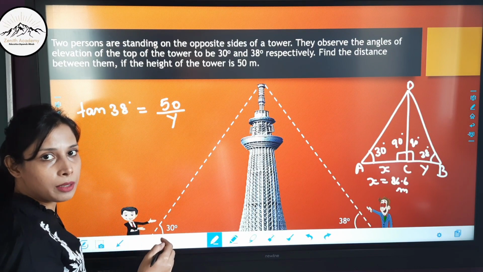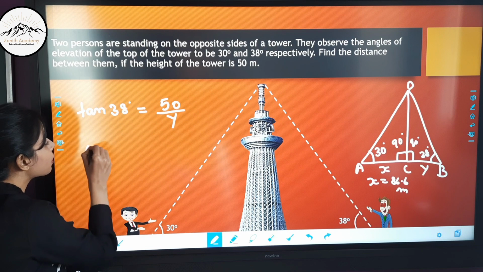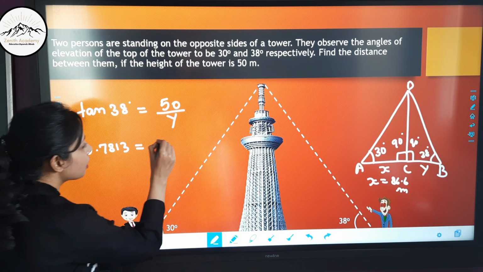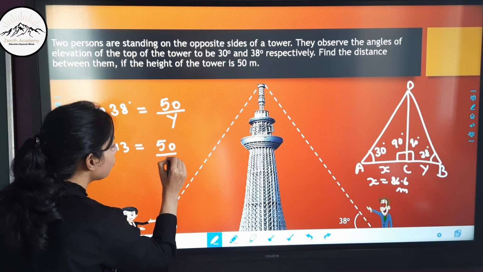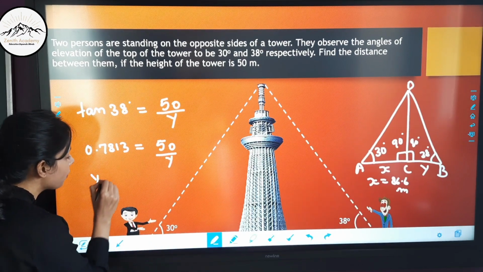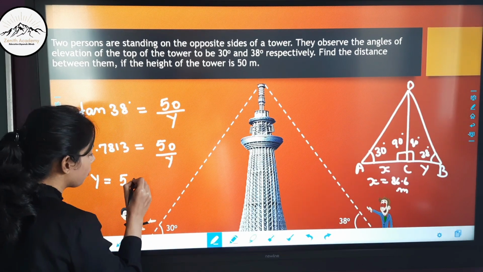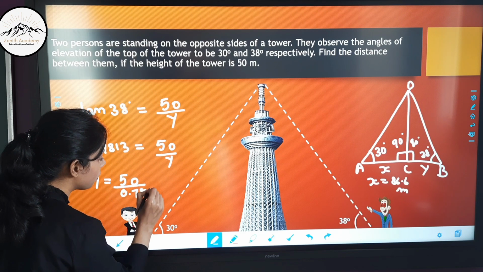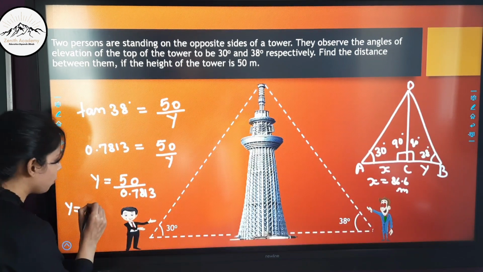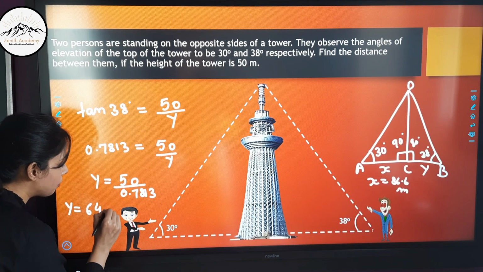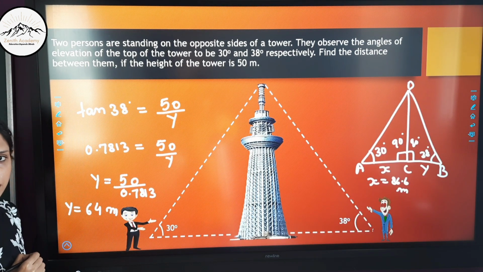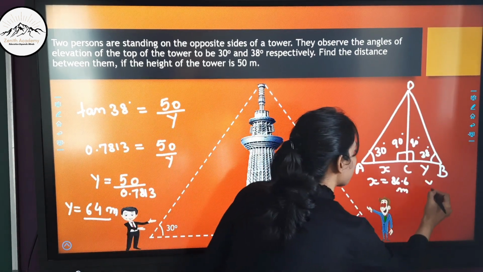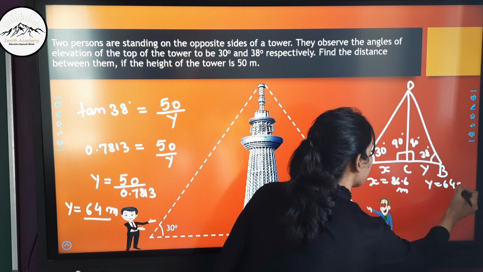From trigonometric table, the value is 0.7813, which is equal to 50 upon Y. So Y is equal to 50 upon 0.7813. Our Y will be approximately 64 meters. So here Y is equal to 64 meters.